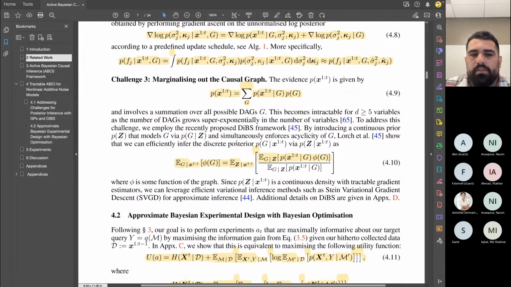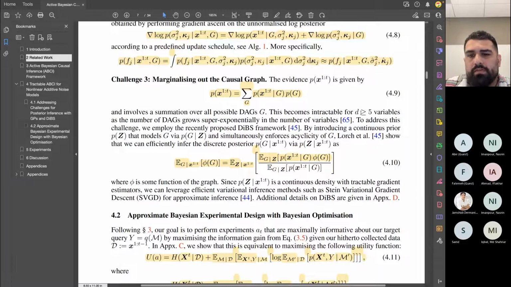And the third and final challenge they faced was marginalizing out the causal graph. They mentioned that solving this, which is the distribution of the interventional data, and solving this summation becomes intractable for D greater than 5, or samples of greater than five variables, as the number of DAGs grows.